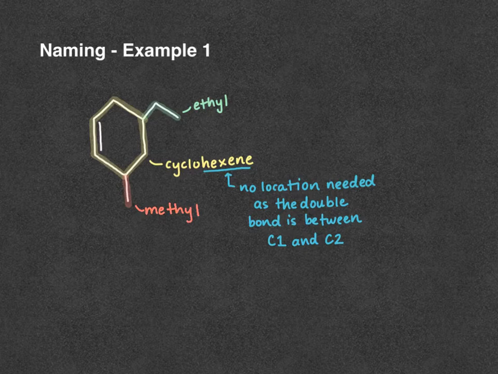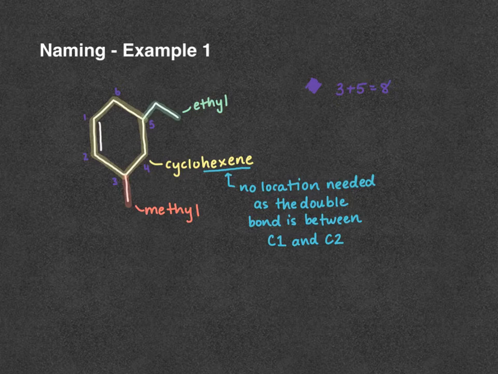So there's two ways that we can number our carbons within our ring. So the first way is going to be starting at the top carbon and then moving counterclockwise around the ring. In this case, with our purple numbers, we have a total sum of 3 plus 5 equals 8.